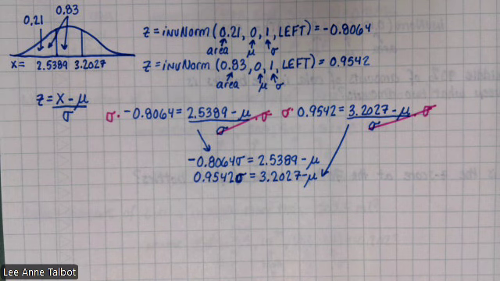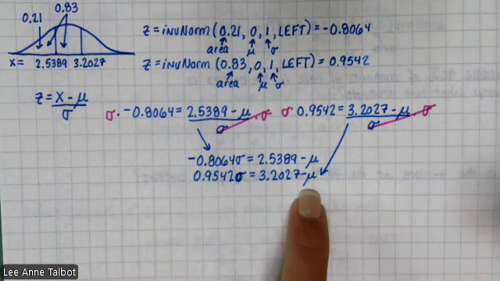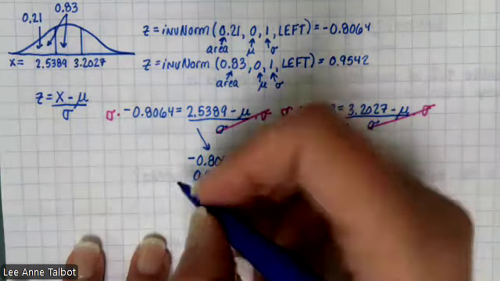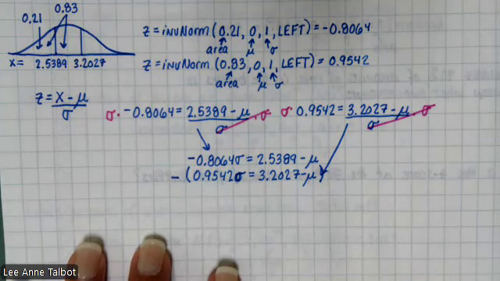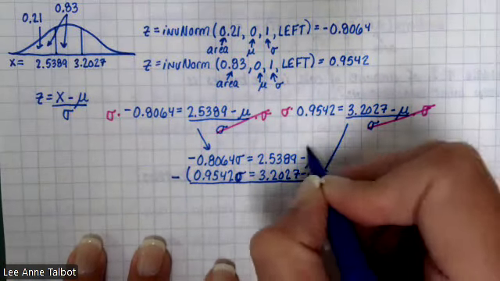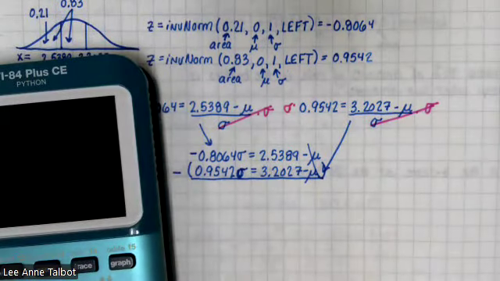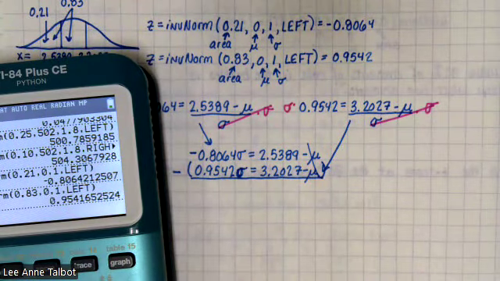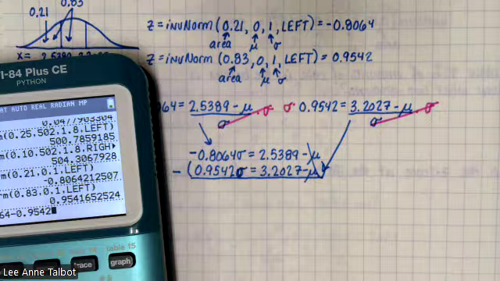Okay, now I'm going to do elimination method, and I'm going to eliminate the mu's. But since they're both minus, I'm going to subtract the whole second equation. That will make the mu's cancel out. So I'm going to go negative 0.8064 minus 0.9542.